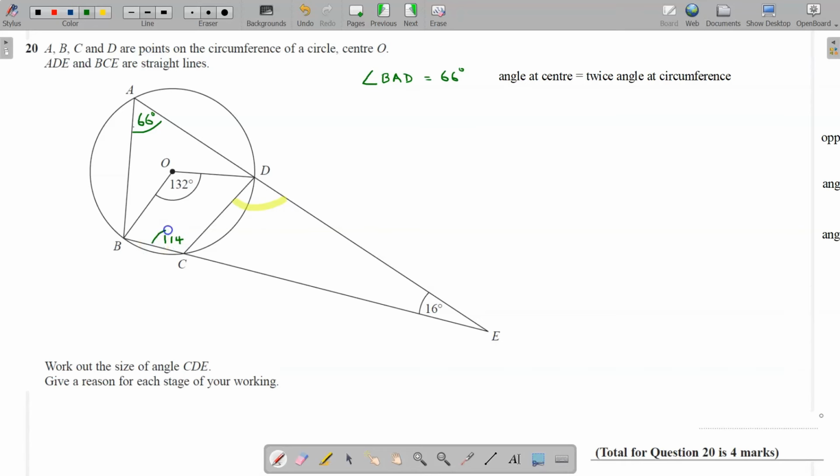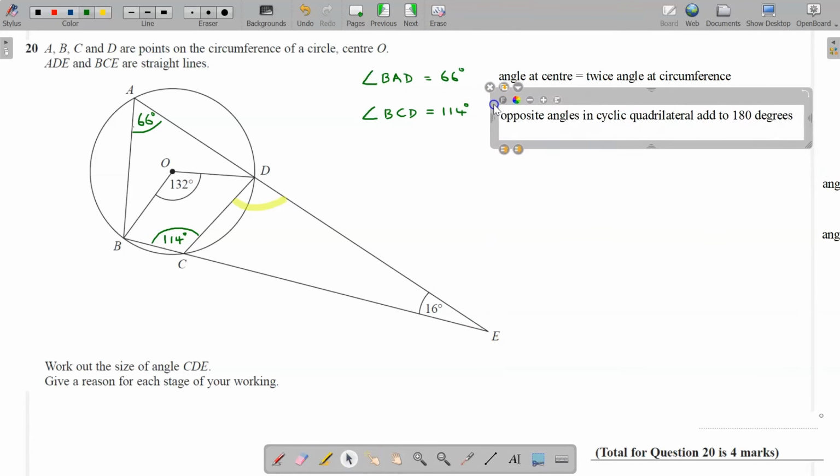And I need to put the reason for that as well. So let me write that down. Angle BCD equals 114 degrees, and the reason for that is because they're angles in a cyclic quadrilateral.